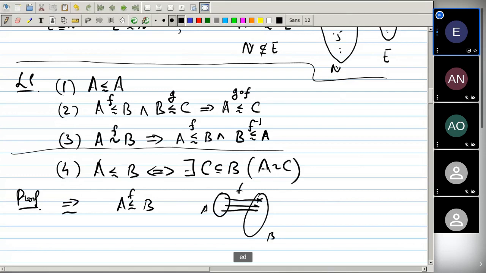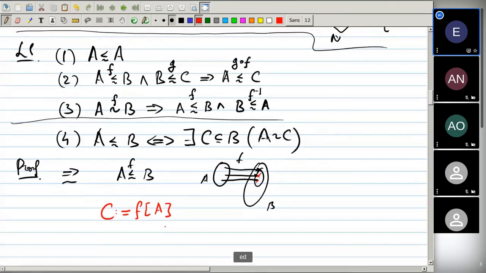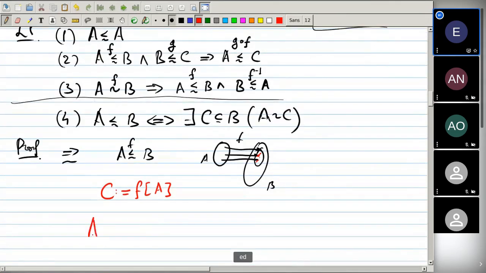What should we take for C? The range of f. Okay, you can call it the range of f, or the image of A under f. As f is a bijection, you know, every function is surjective for its range. Is it clear?